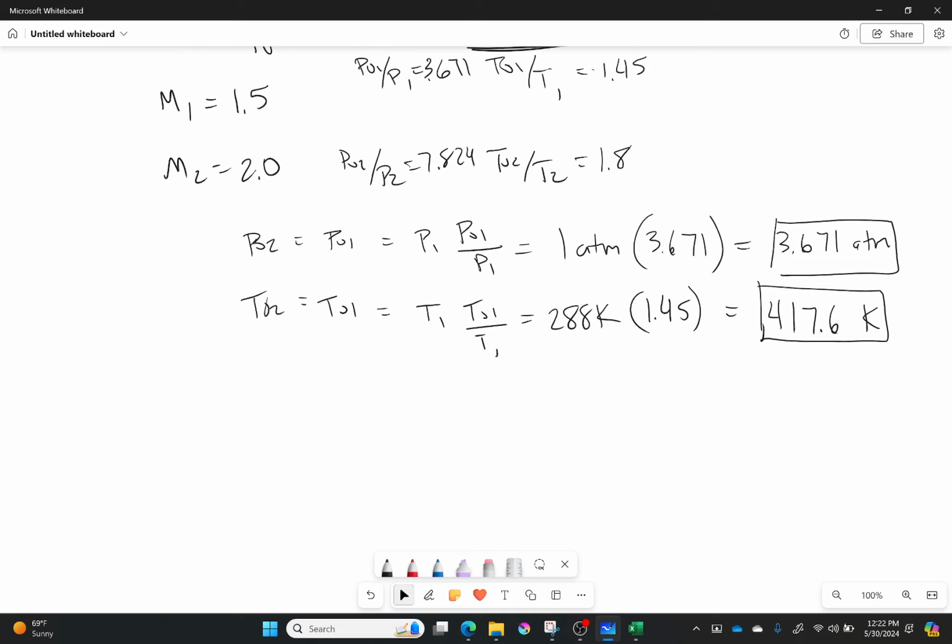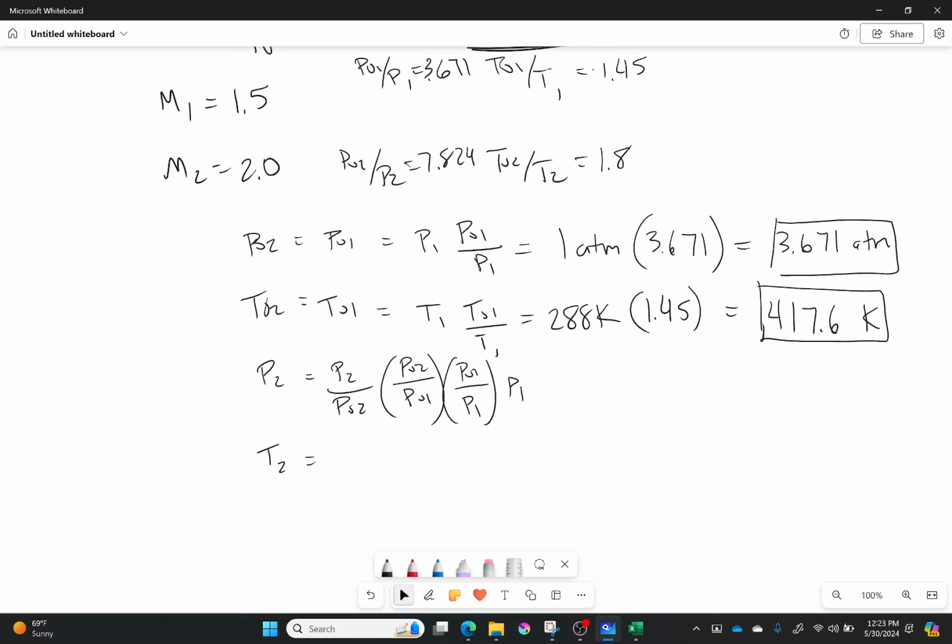And now I'm going to find out what P2 and T2 are. Okay, so we're going to write this out as we've done in the past. So P2 would be equal to P2 over P02, times P02 over P01, times P01 over P1, times P1.